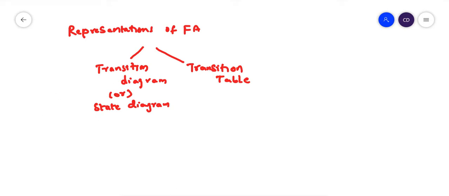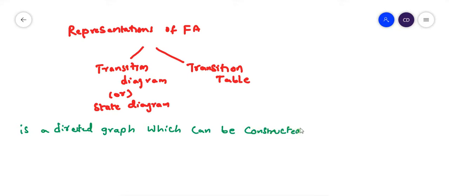Simply, a transition diagram is a directed graph which can be constructed by using the following steps.